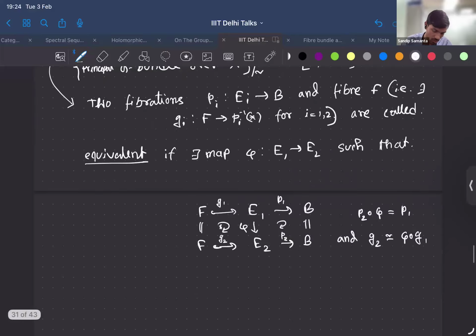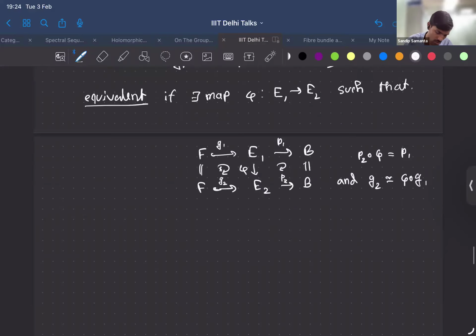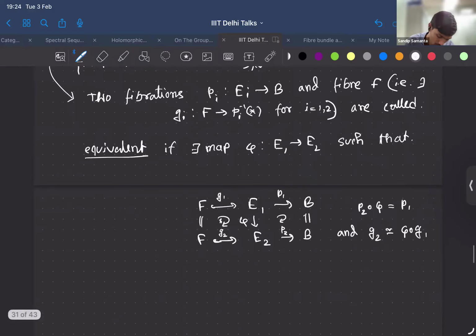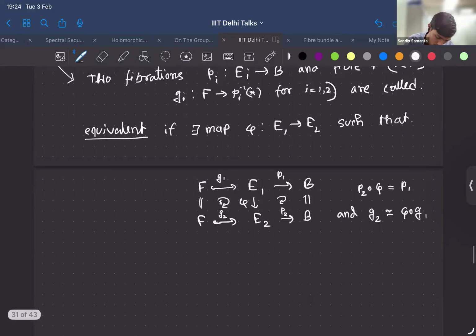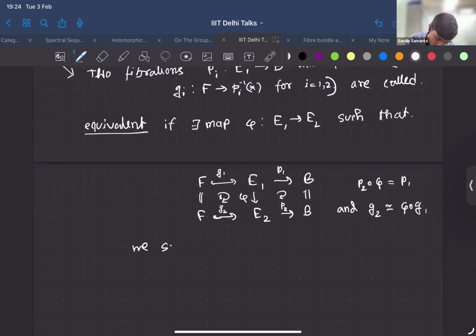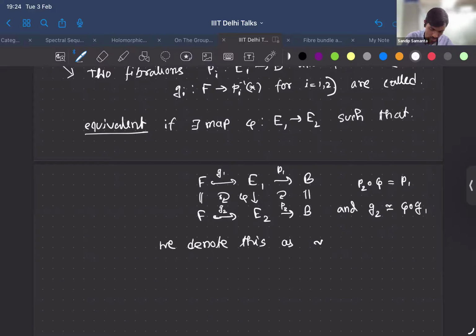So this is the equivalence condition, and one can check that this is an equivalence relation as well. We will denote this with the tilde notation, as E1 homotopic to E2 as bundles.